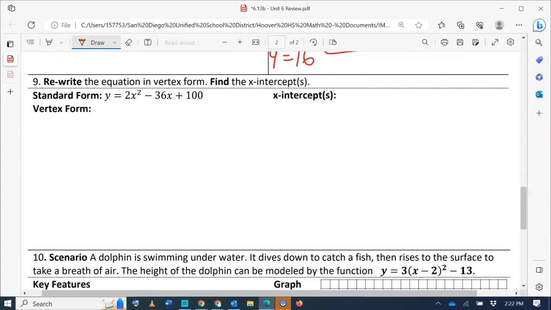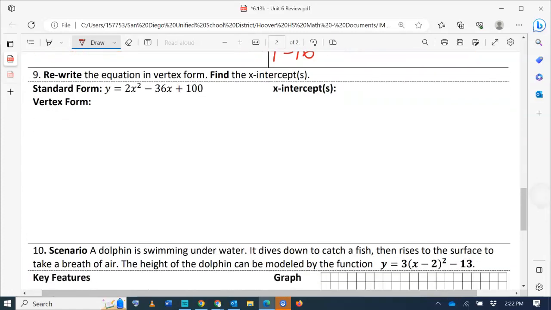All right. Rewrite the equation in vertex form and then find the x-intercepts. So we've got to rewrite it first, and then we're going to find the x-intercepts. So y equals, I'm going to pull that 2 out now. X squared minus 18x, and then move that 100 over. What number are we adding? Well, it's negative 18.